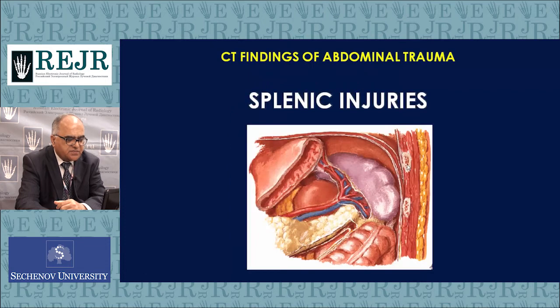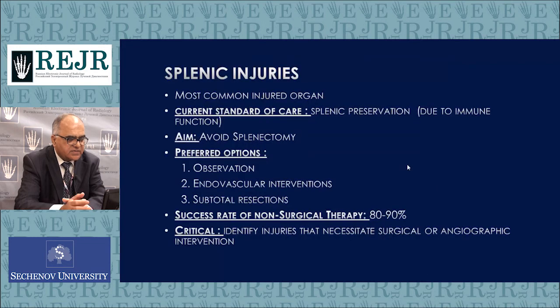Splenic injuries. As suggested before, the spleen is the most commonly injured organ, and the current standard of care is splenic preservation due to the immune system, and the aim is to avoid splenectomy.